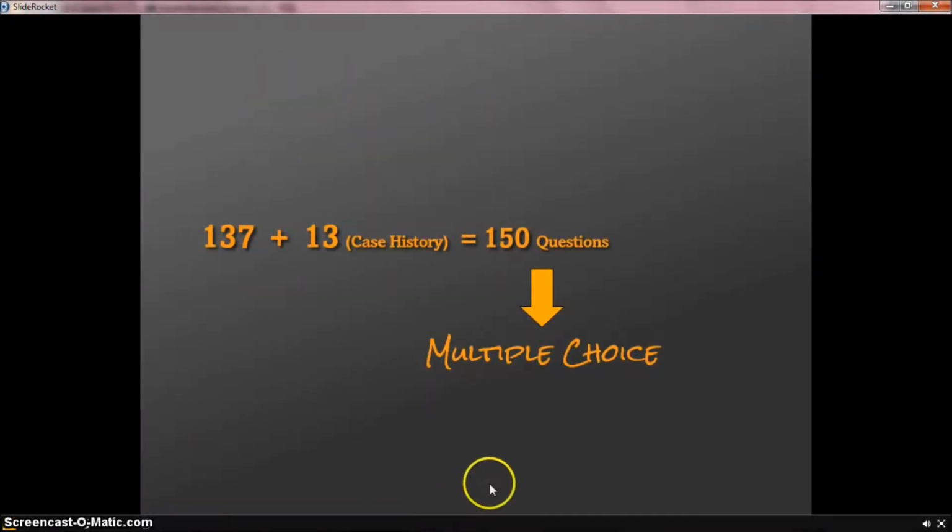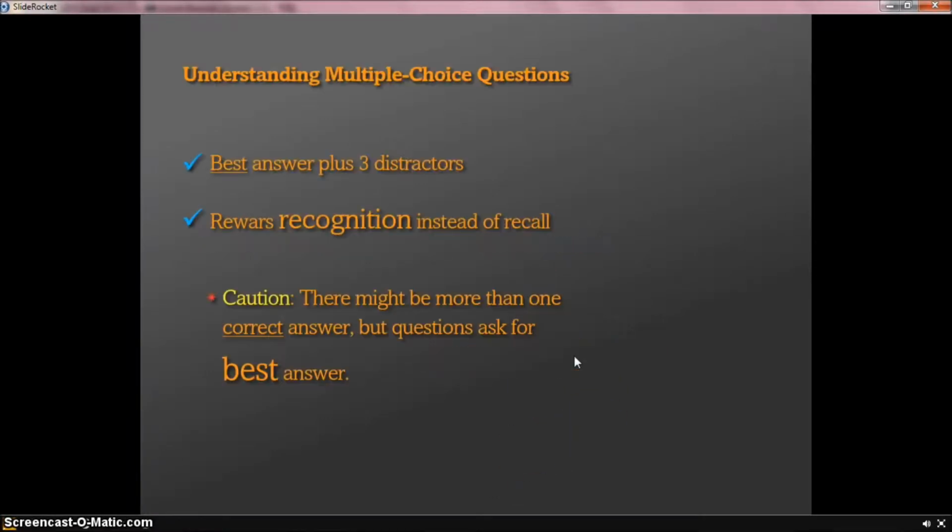Okay, so let's take a look at the multiple choice questions. These questions have the best answer plus 3 distractors. This format rewards recognition instead of recall.